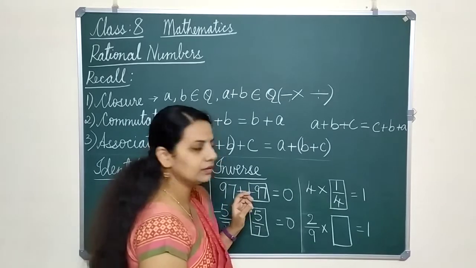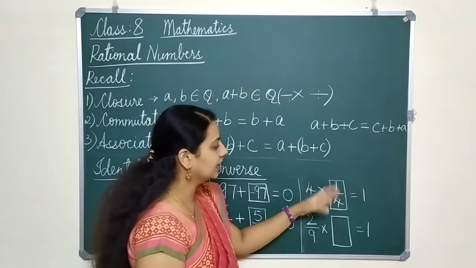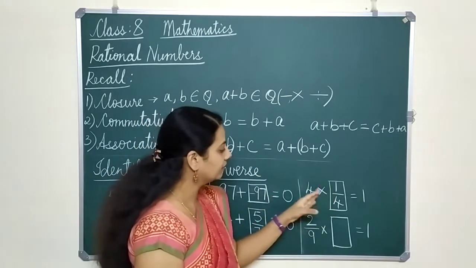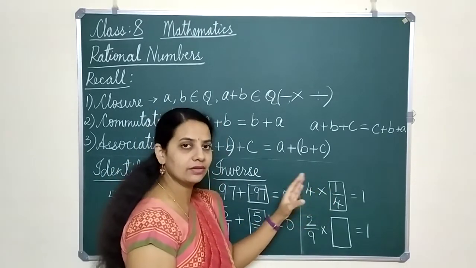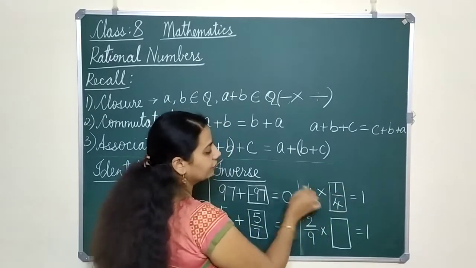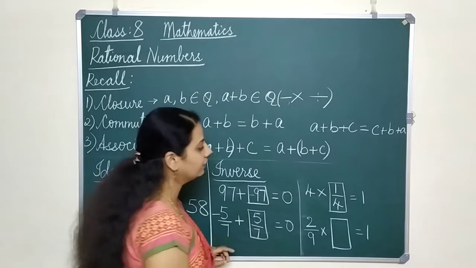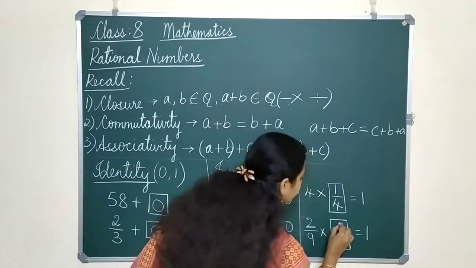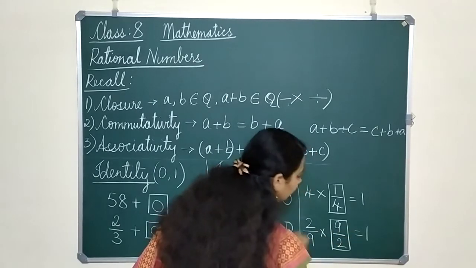So you understood here. What are we doing? We are taking the reciprocal. Inverse is nothing but a reciprocal. Multiplicative inverse and multiplicative reciprocal are one and the same. So 1 by 4 is the multiplicative inverse of 4. And what about 2 by 9? It is 9 by 2.